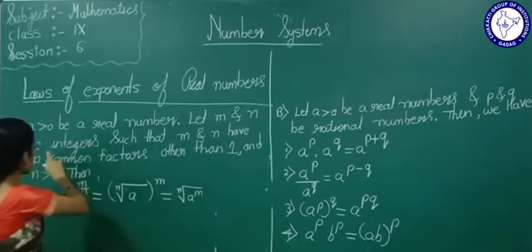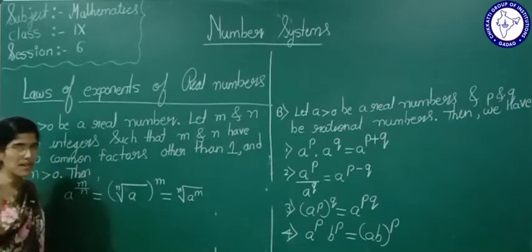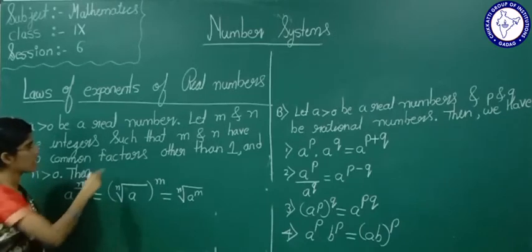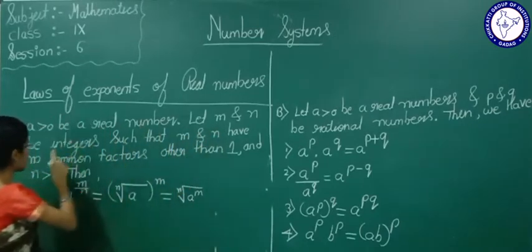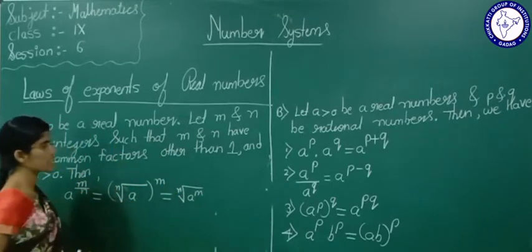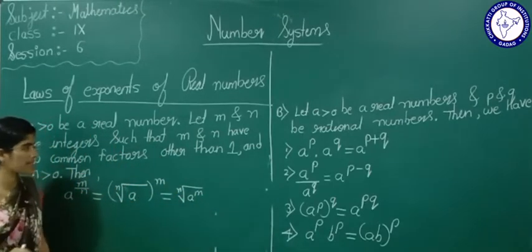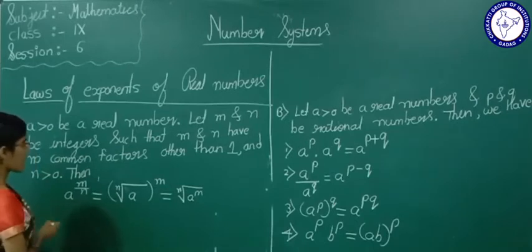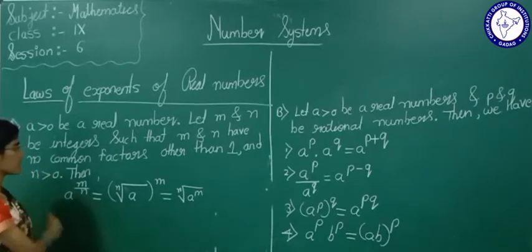Let m and n be integers such that m and n have no common factors other than 1, and n is greater than 0.